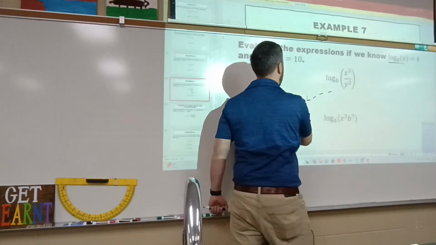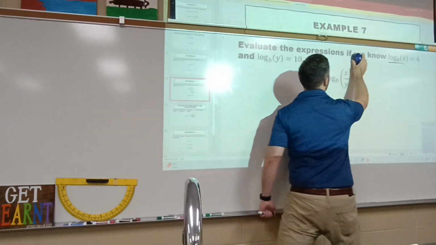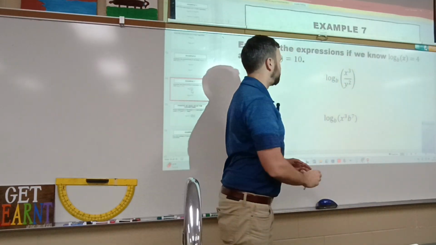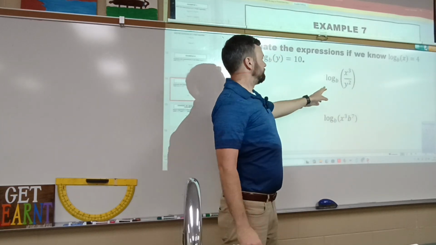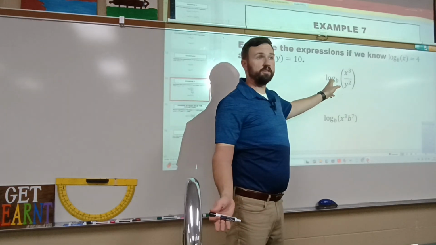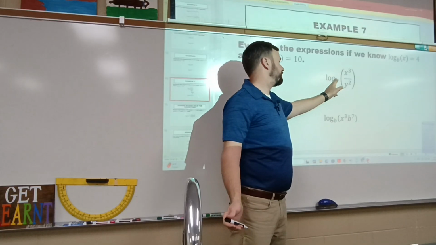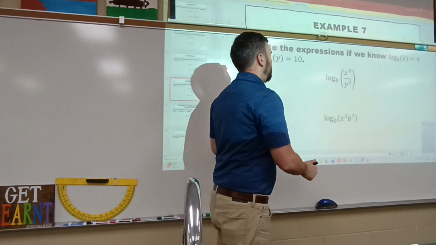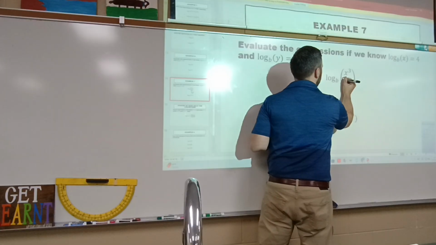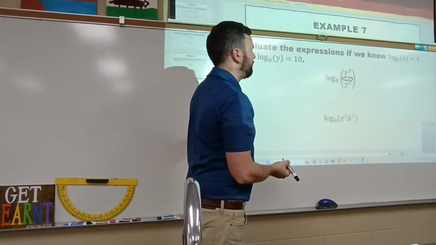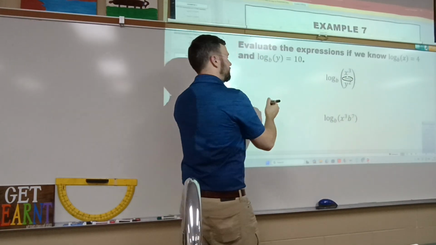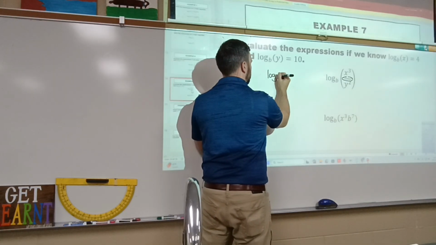All right, let's try this beast. It's going to be a little bit more, but it's the same steps. Same style question, right? We need to split into log base b of x and log base b of y. First thing I'm going to deal with is this division symbol. If I see division, what am I doing with my logs? I'm subtracting them.